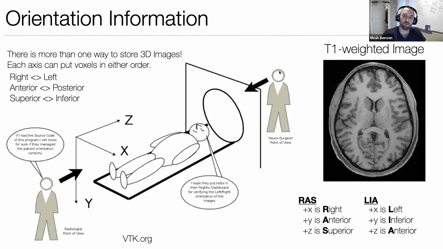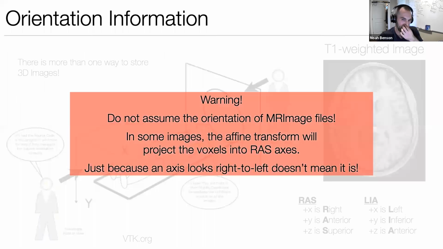That would be true if you were looking at the brain from the perspective of a neurosurgeon. But from the perspective of a radiologist, it's actually flipped, because you would be looking up through the brain instead of down on top of the brain. So without going into a whole lot of detail, I just want to warn you that if you receive MR image files from someone else, or even from your own scanner, make sure you know which side is right and which side is left, because it's not always obvious.